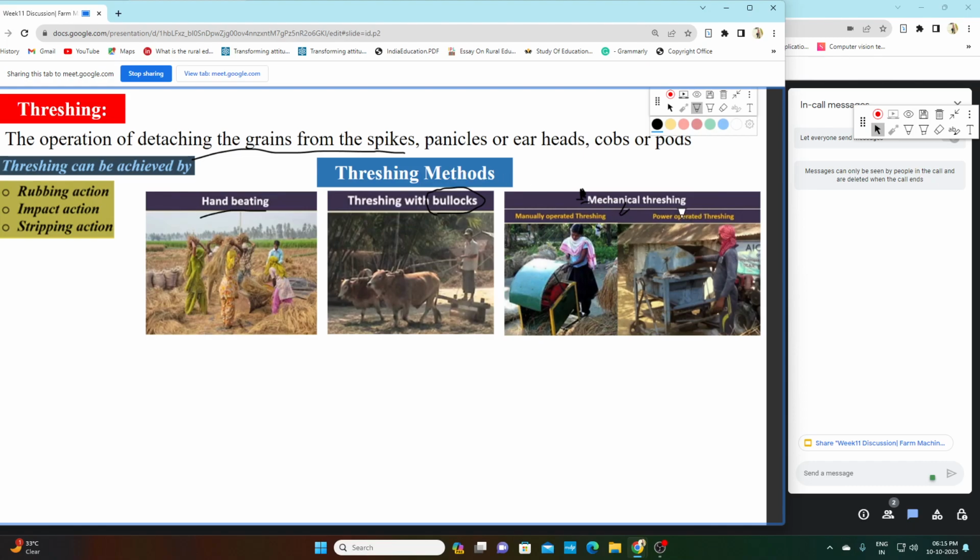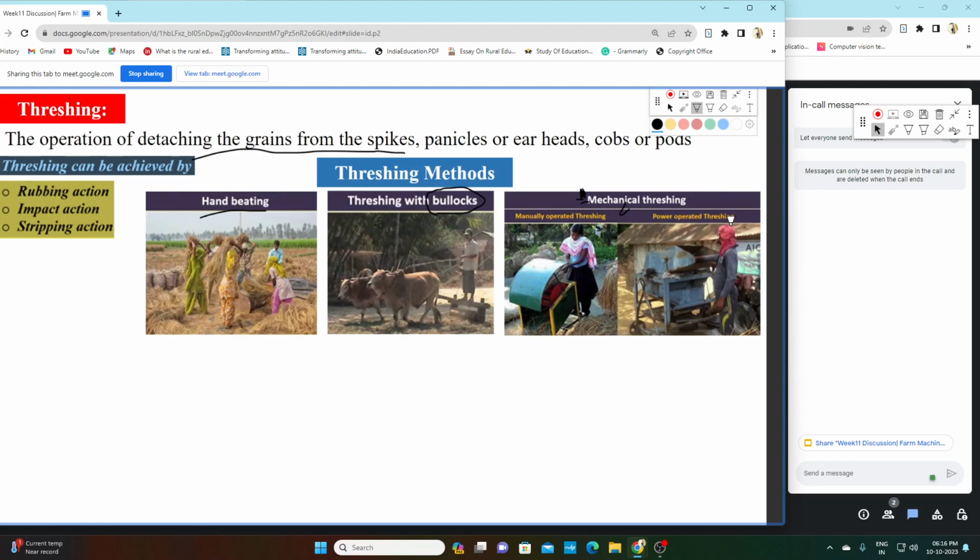In mechanical threshing also, there is manually operated threshing. That means we are using a mechanical thresher, but the operation will be aided by a human. In the manually operated thresher, the feed and the power are provided manually, with the help of legs, and by this the threshing operation commences.